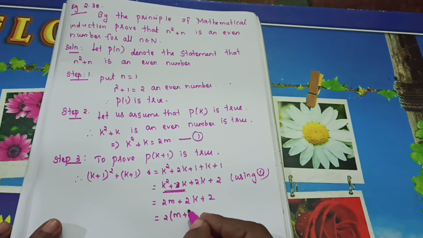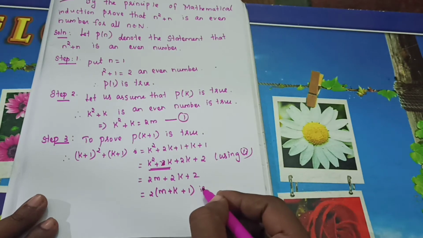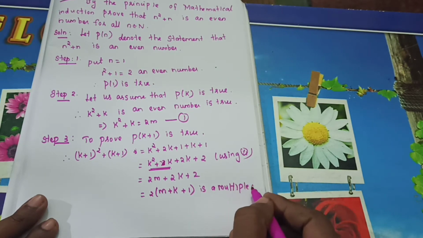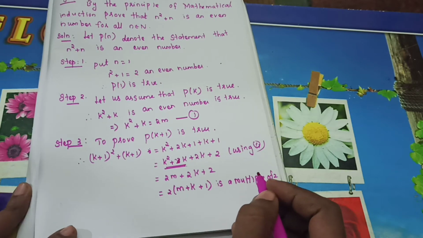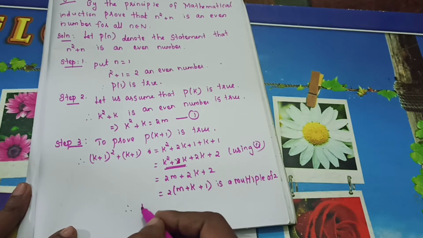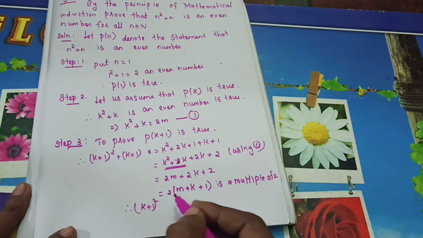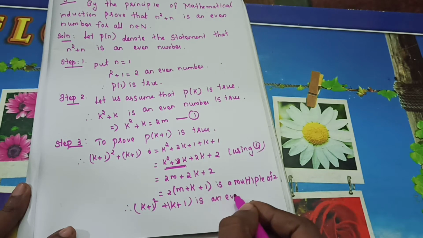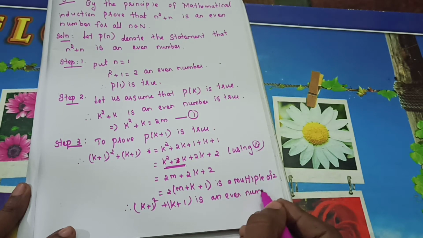So 2 into m plus k plus 1. Whether it's a multiple of 2? It's a multiple of 2. So whether it's an even number? Yes. Is it right? So therefore k plus 1 the whole square plus k plus 1 is an even number.